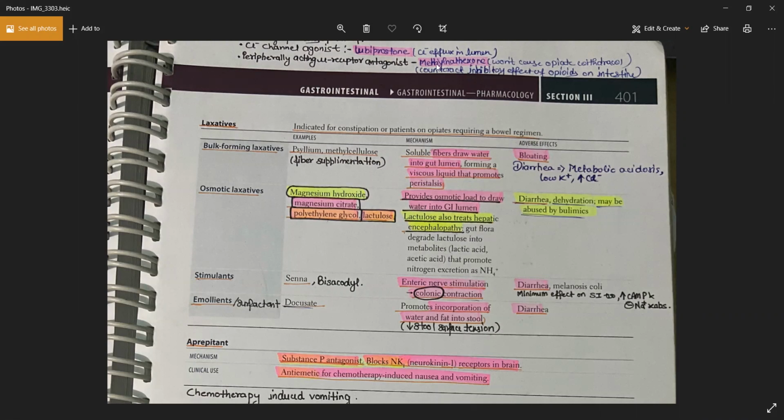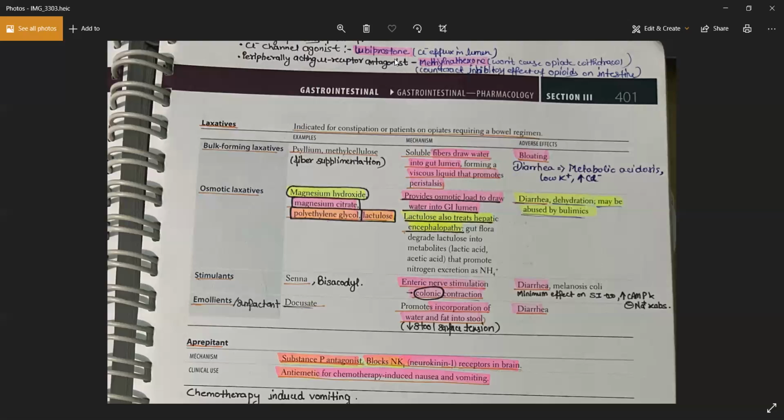The drug is lubiprostone. You might confuse lubiprostone with the prostaglandin analogs because it has 'prost' in the name. Okay, so don't do that. Do not confuse lubiprostone with the prostaglandin analogs, right? Lubiprostone is a chloride channel activator. It causes the efflux of chloride into the GI lumen, and that can cause diarrhea.